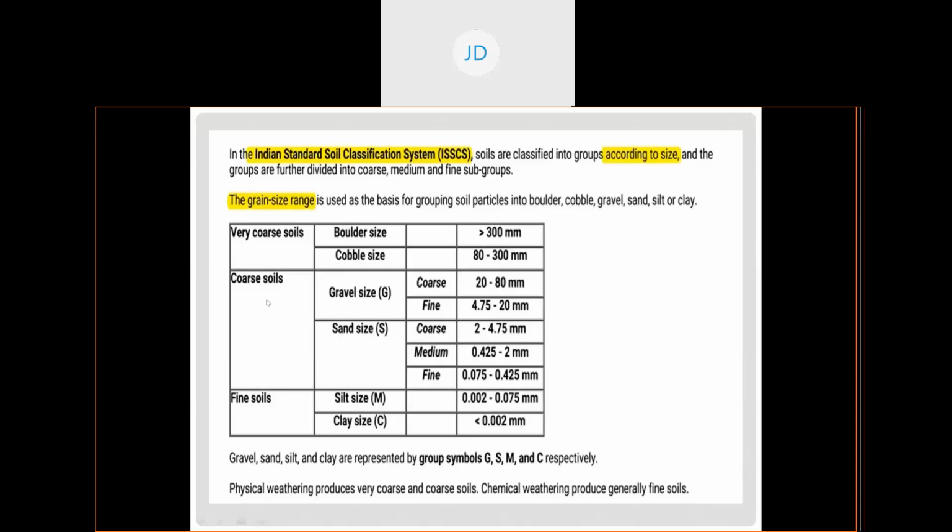Now what is the boundary size between coarse grained soil and fine grained soil? This one, 0.075 millimeter, or we can also say 75 micron. Micron is a unit smaller than millimeter. 1 micron is equal to 10 to the power minus 3 millimeter.